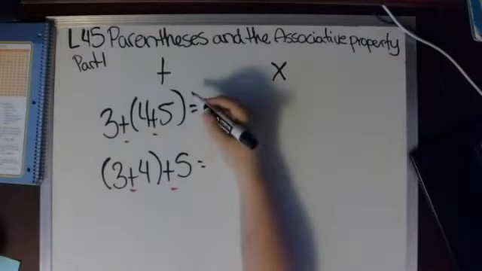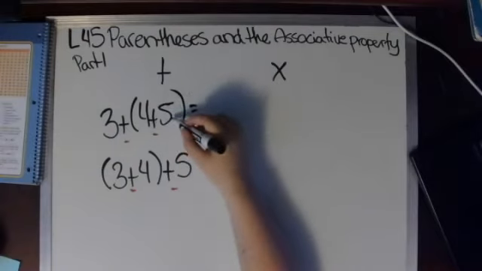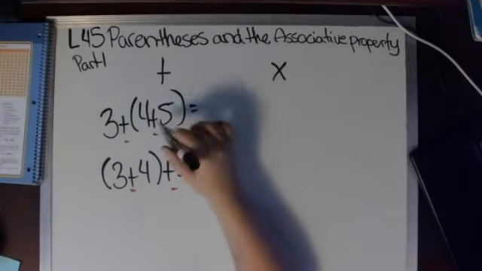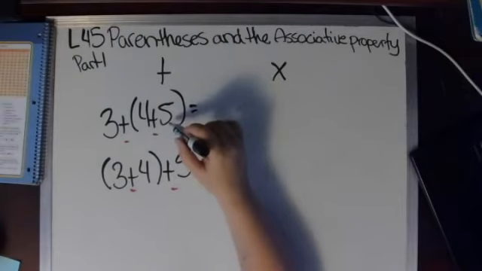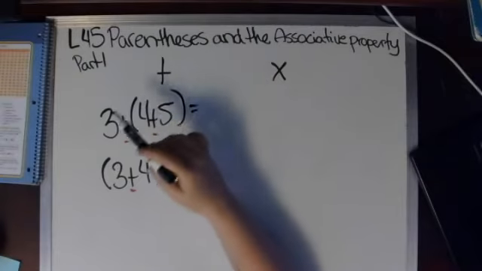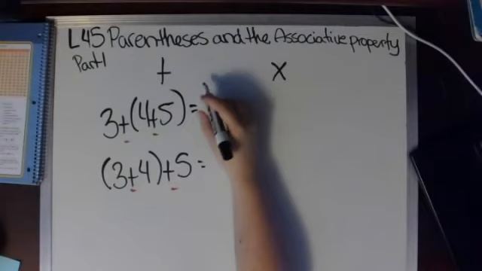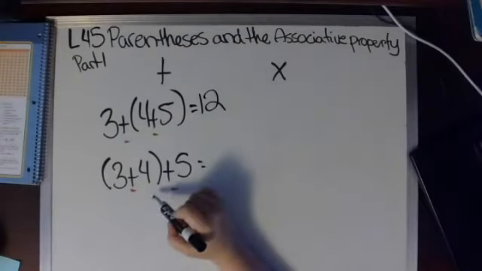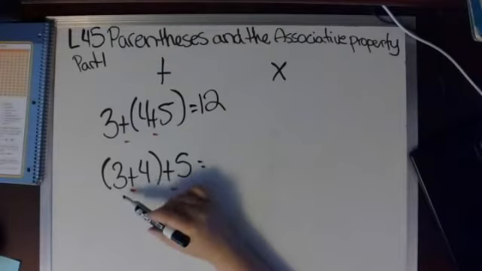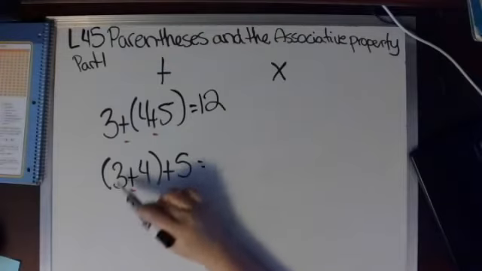Let's check it just to make sure. 4 add 5, because remember parentheses say do me first. 4 add 5 is 9. 9 add 3 is 12. And then I come down here, because the parentheses say do me first, so I have to do this part first.